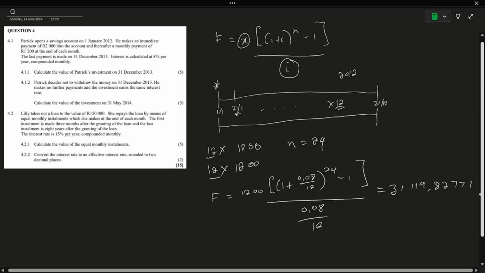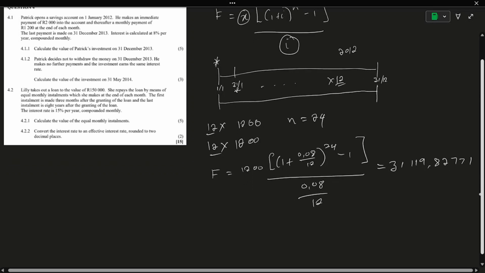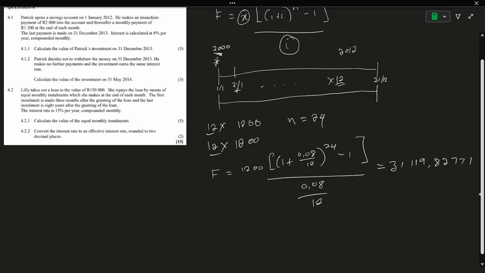But we were told that this person made an immediate deposit. An immediate deposit is easy because it only happened once. So this 2000 happened here and it went for 2 years. We didn't see any more 2000s.